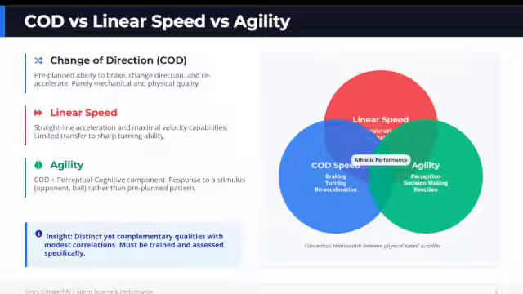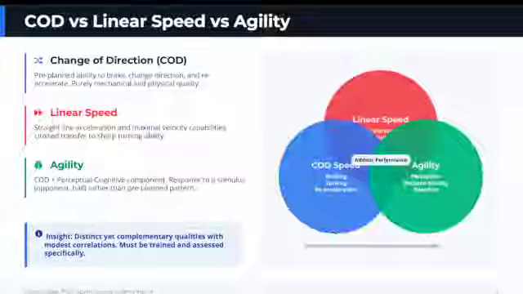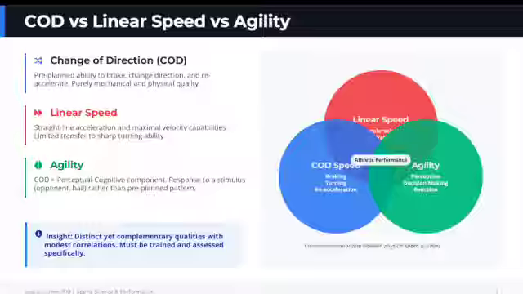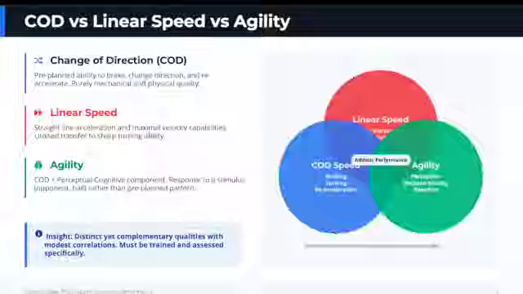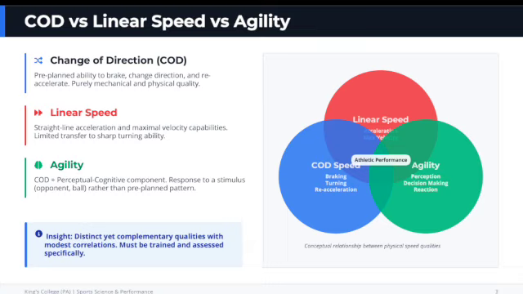Agility is change of direction plus a perceptual cognitive component; there's a response to a stimulus rather than a pre-planned pattern. The insight here is that these are distinct yet complementary qualities with moderate correlations, so they must be trained and assessed specifically.